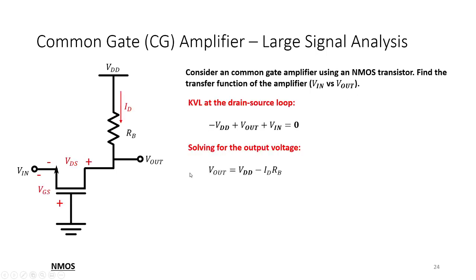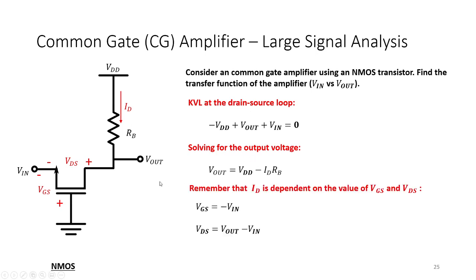What are the important equations? KVL at the drain-source loop here: VDD equals Vout plus Vin. Then Vout is simply VDD minus ID RB, because we need to subtract the voltage drop here. Remember that ID depends on VGS and VDS and the region of operation, right? So we look at VGS, which is negative Vin, and VDS, which is Vout minus Vin.